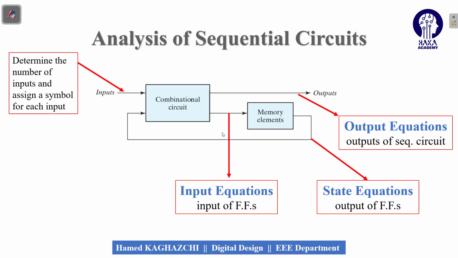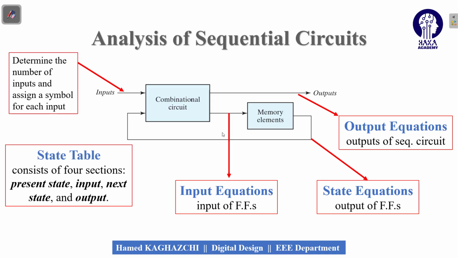After finding these equations, we have to draw one table, which is called a state table. This table is different from the truth table and characteristic table. In the state table, we have four sections or four columns.